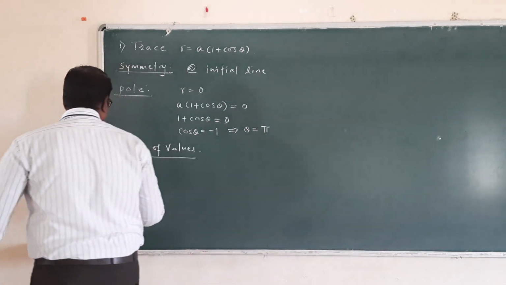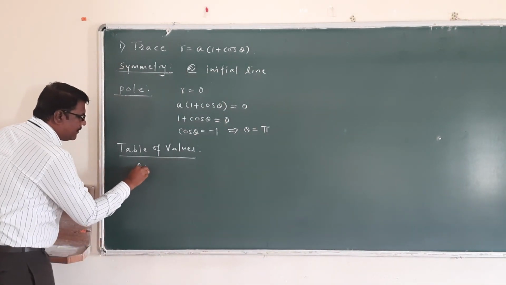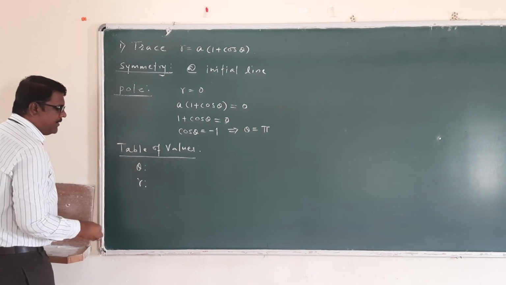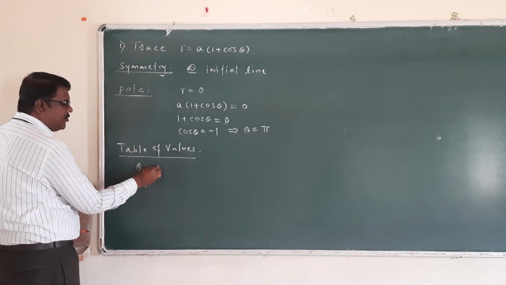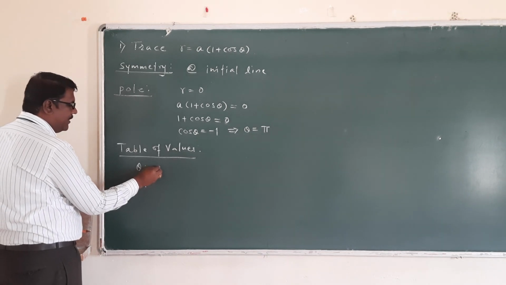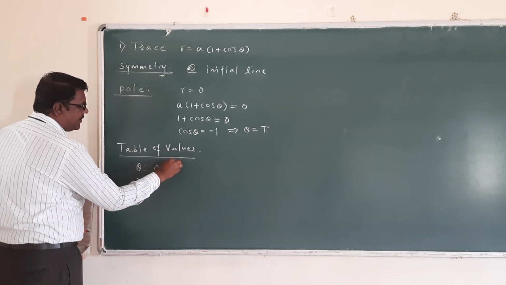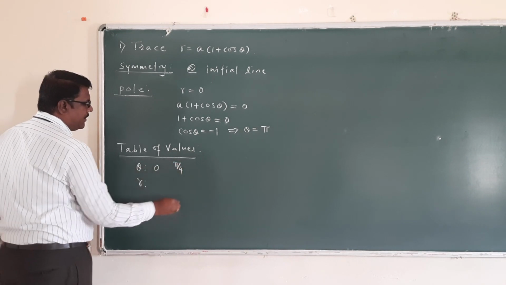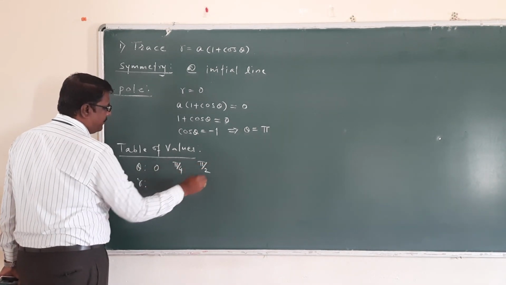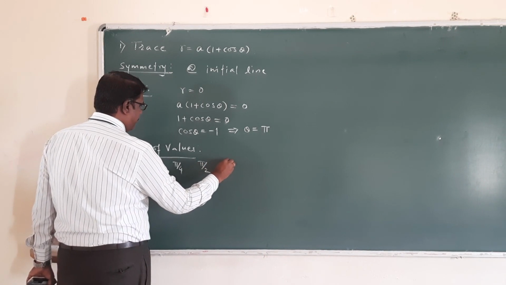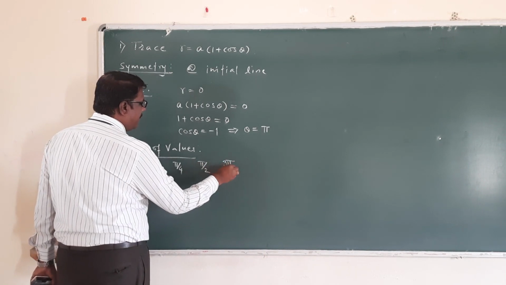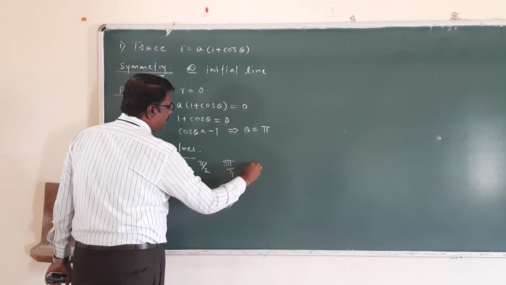So now what will I do? In the row of θ, I will select the values of θ from 0 up to π. So 0, next is π/4, next is π/2, then 3π/4, and then π.